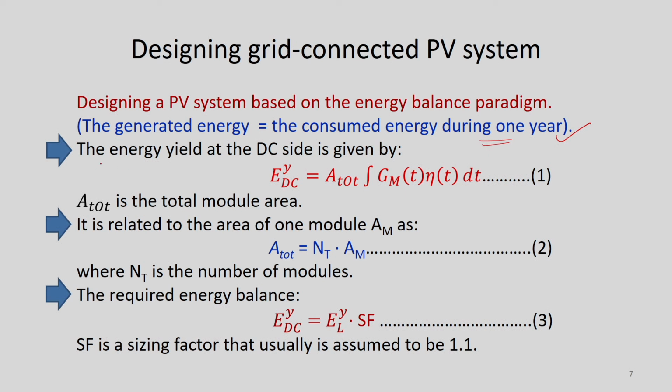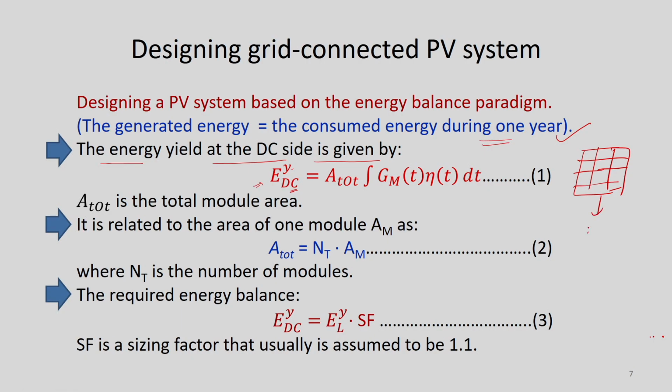So, the energy yield at the DC side is given by E, the energy, yearly energy, Y stands for yearly and DC stands for DC. Okay. So, this is something like if we have these PV modules, there are many modules, okay.